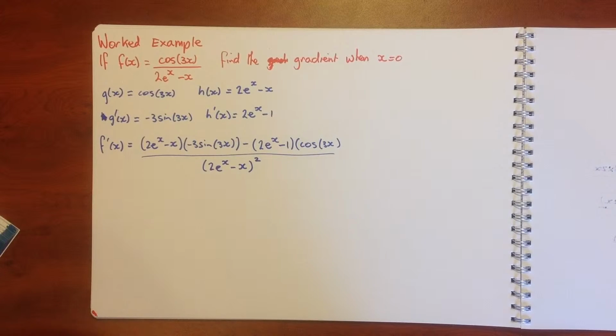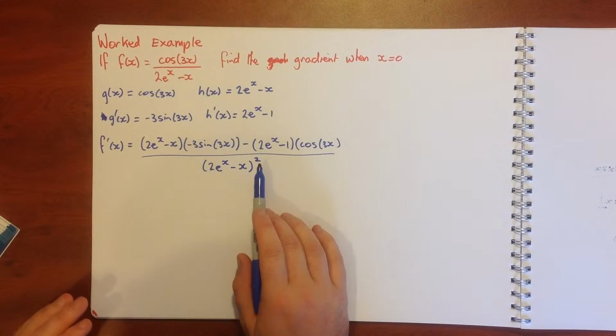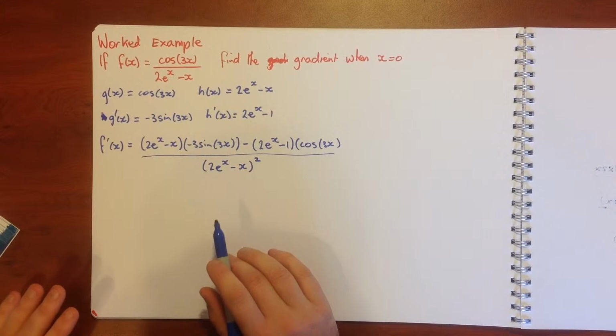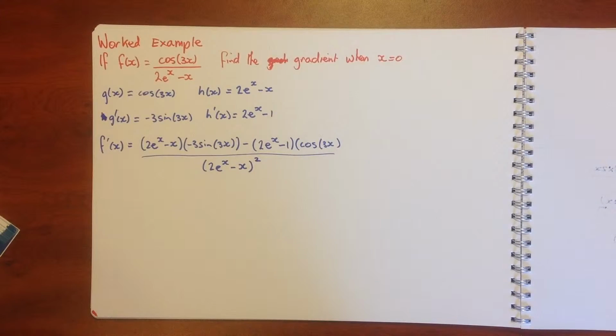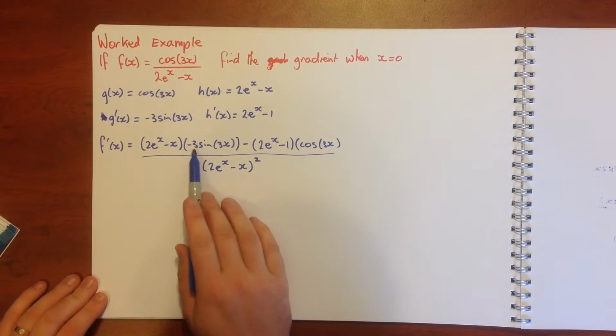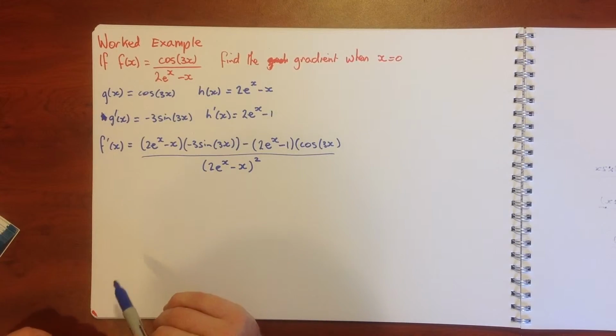We don't really need to do too much work here. I would more or less leave it where it is, because it looks pretty messy and it's not going to get much better. You could bring this 3 out, but it's not going to make too much difference.